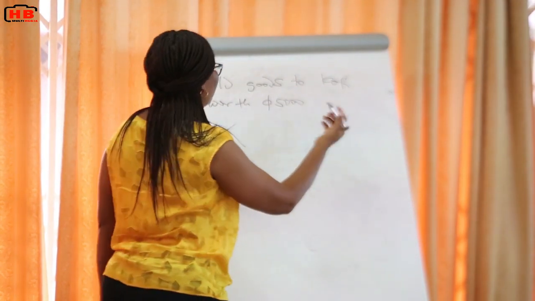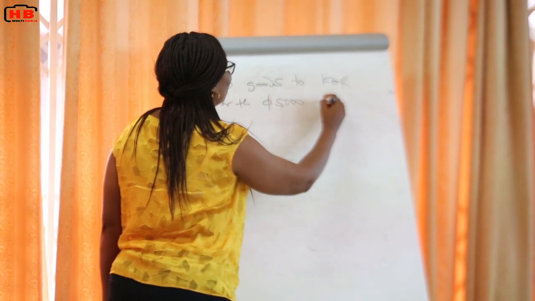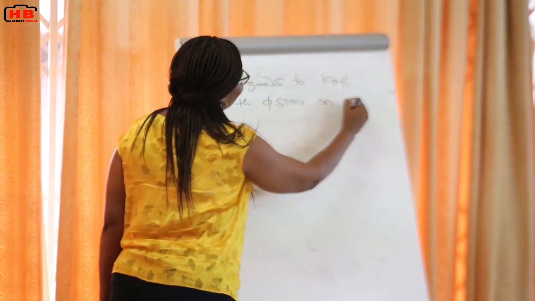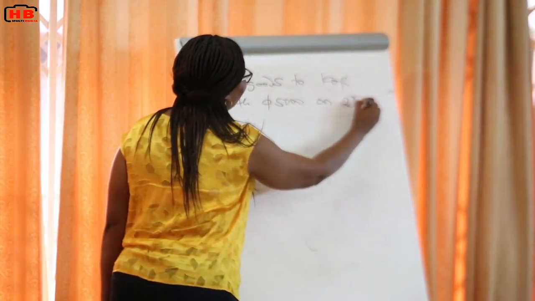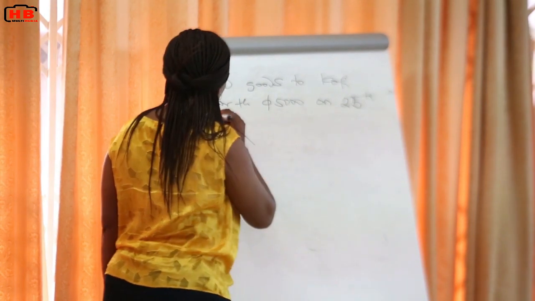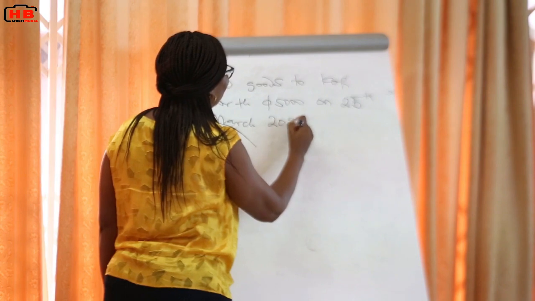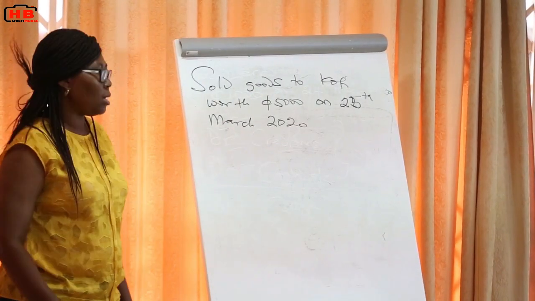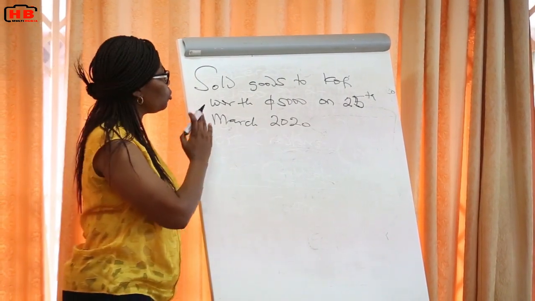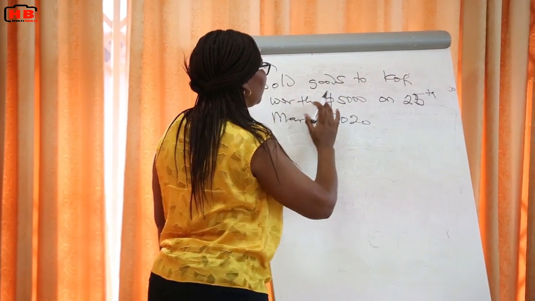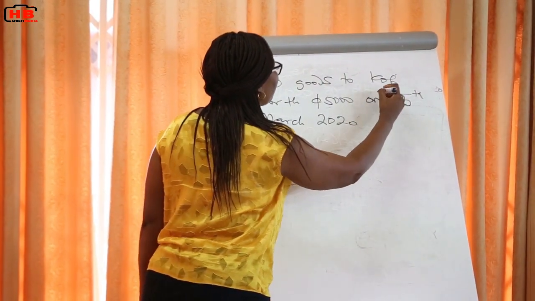On what date? On 25th March 2020. So now this is a transaction. Sold goods to Kofi worth 5,000 on credit.